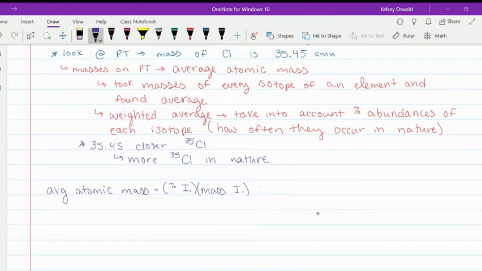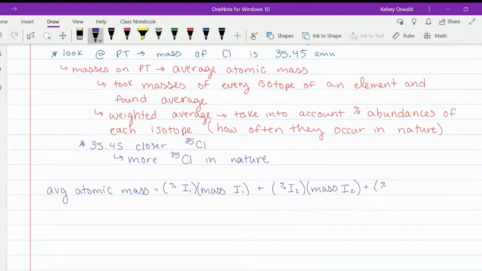Then we add to that however many isotopes of that element we have. So if we have a second isotope, we would add the percent abundance of that second isotope times the mass of that second one.